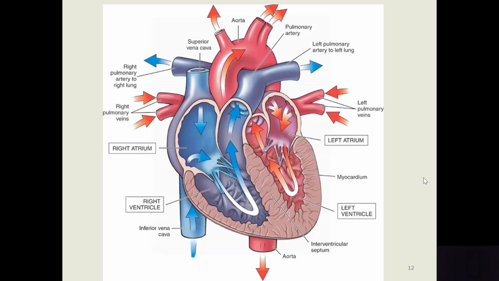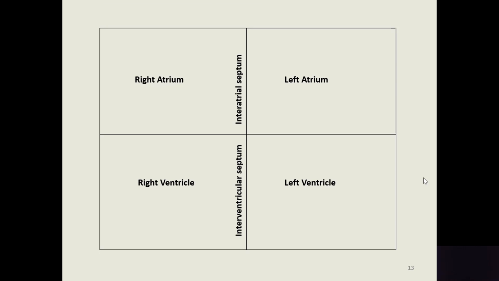So here is a diagram of the heart. There is a right atrium, a left atrium, a right ventricle, and a left ventricle. And at the end of this little presentation, you will know all of this circulation and will be able to follow all of these arrows, even though it looks a little crazy and chaotic right now. But I promise you it's not as confusing as it looks. This is my simplified version of that blood flow picture through the heart.